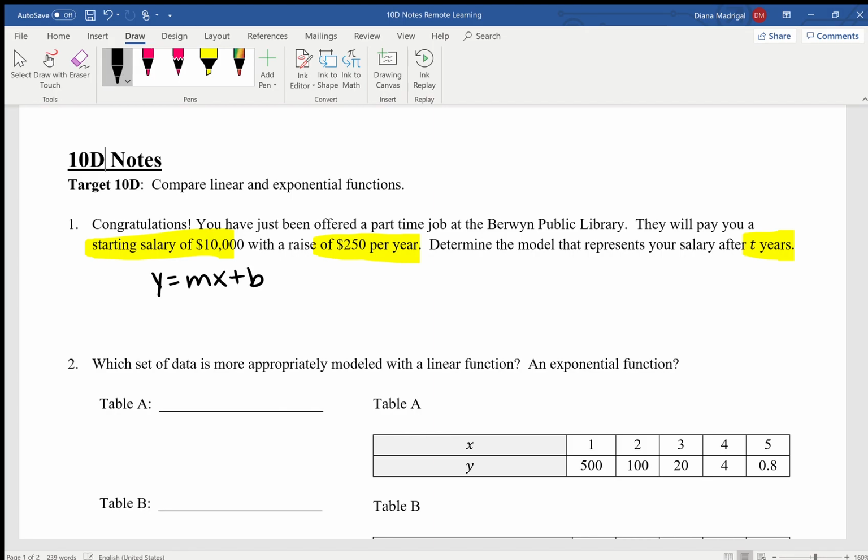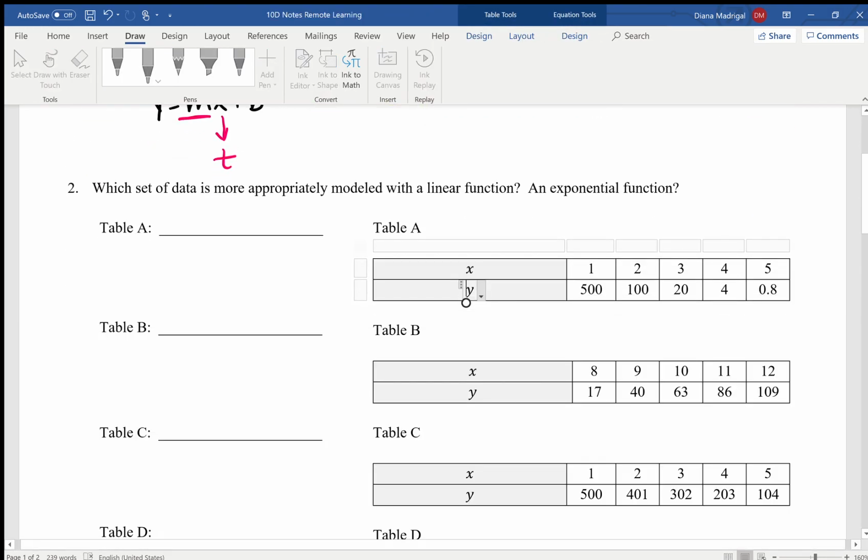Remember, y equals mx plus b. m is the change, and here they're talking about per year. That means x means years, but they told you to change x for t. And b means the starting point, so how much you start with.